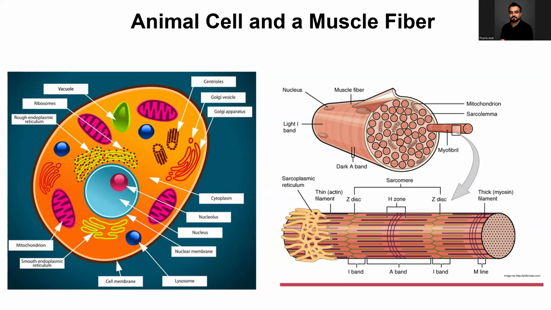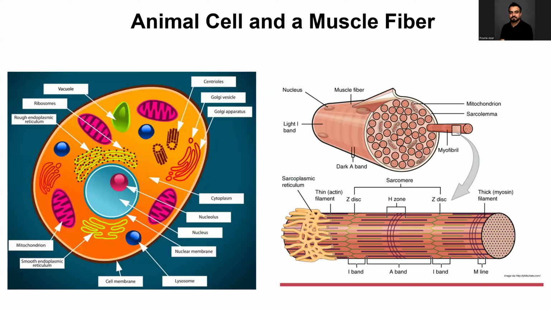So we have cytoplasm, which is kind of a soup inside the cell. We have a nucleus, which has DNA in it. We have the membrane of the cell. We have mitochondria, which are the powerhouses of a cell, and other organelles and other parts. So this is a normal and a regular animal cell.